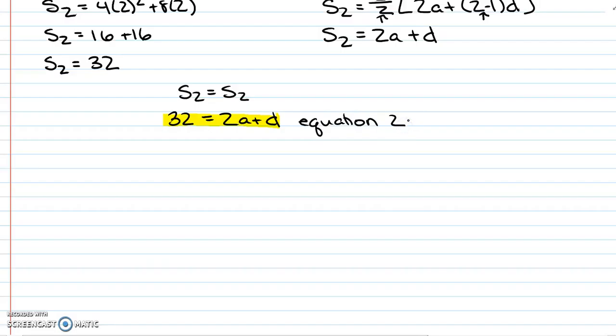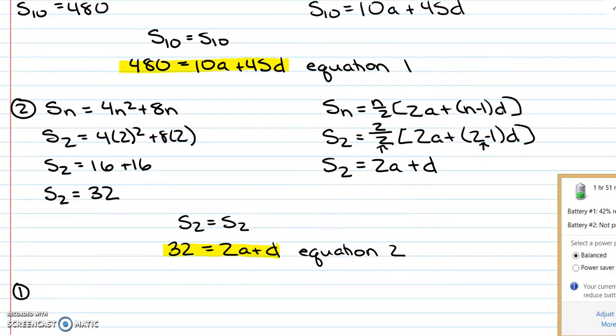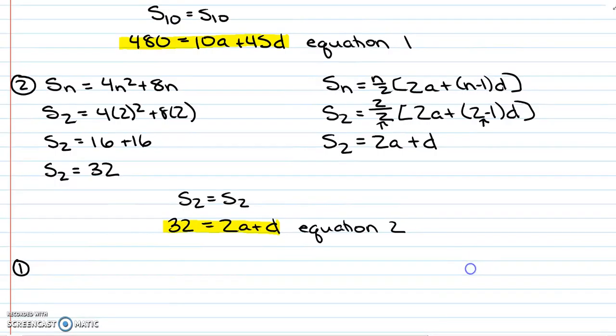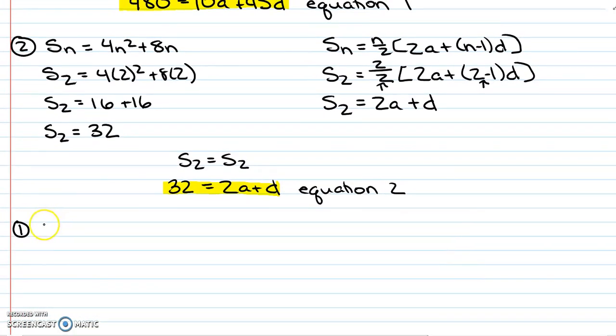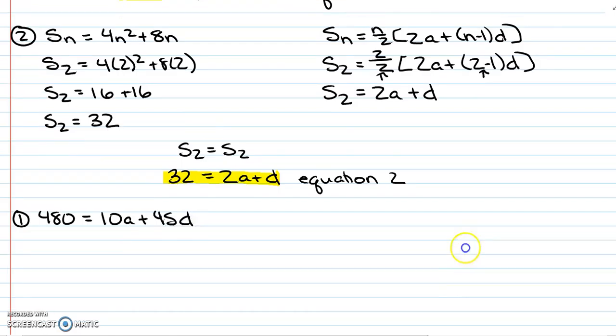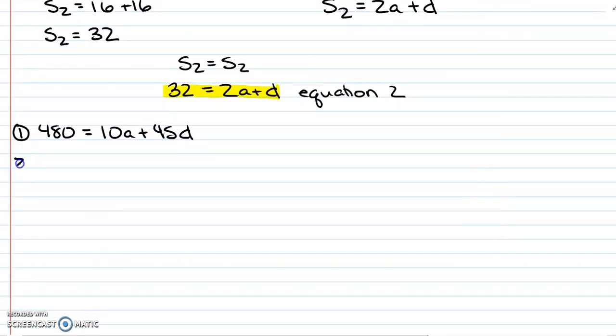Now that we have two equations, let's write them out right here. Equation number 1 is 480 is equal to 10a plus 45d. And we know that our second equation is 32 is equal to 2a plus d.